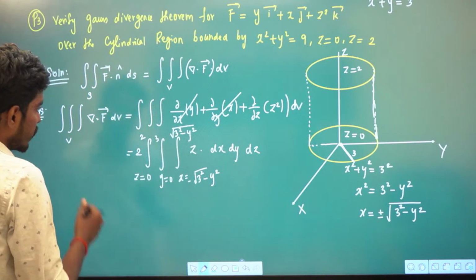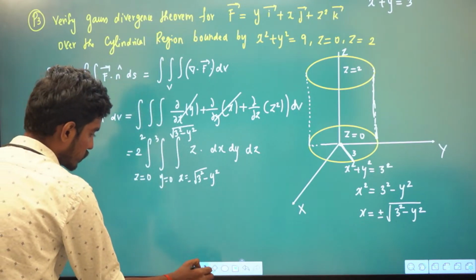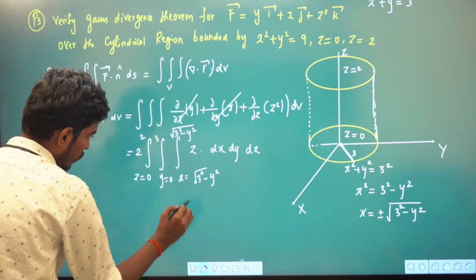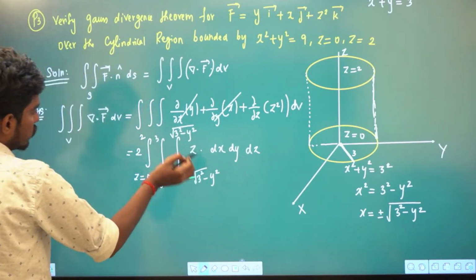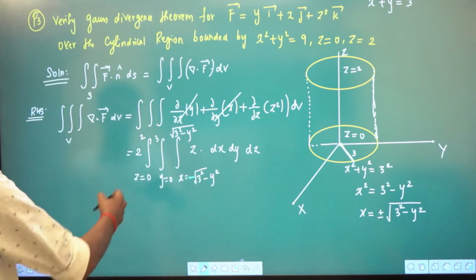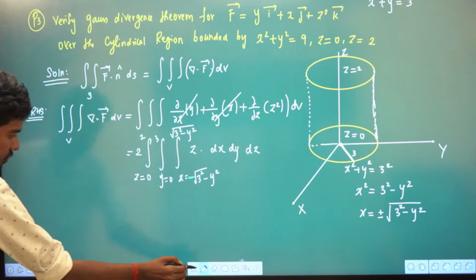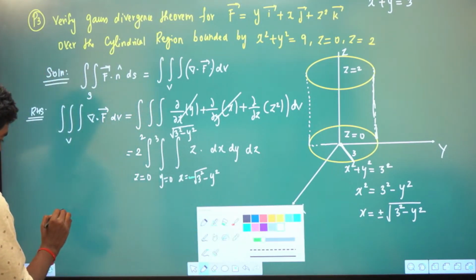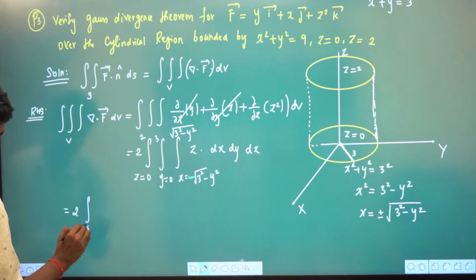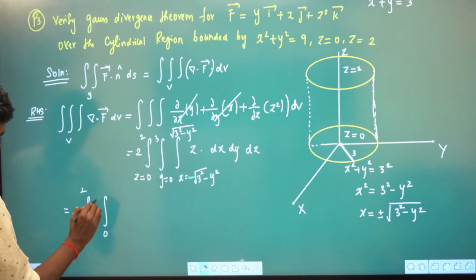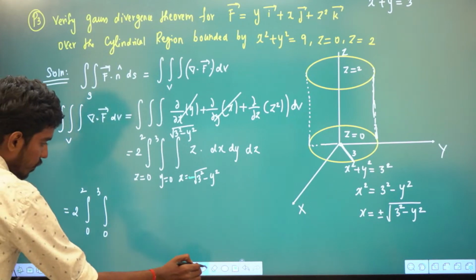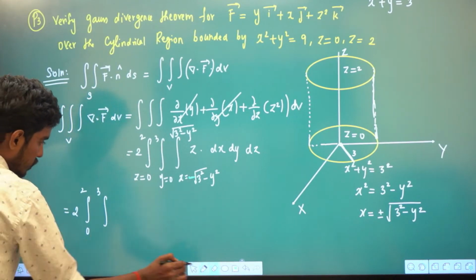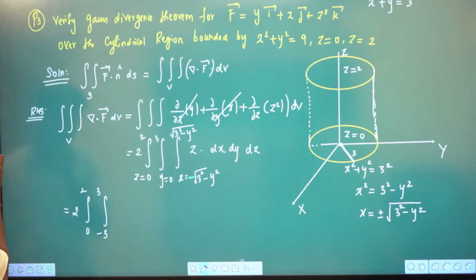Okay. So integrate this. So this will be 2 times, z varies from 0 to 2, y varies from minus 3 to 3.